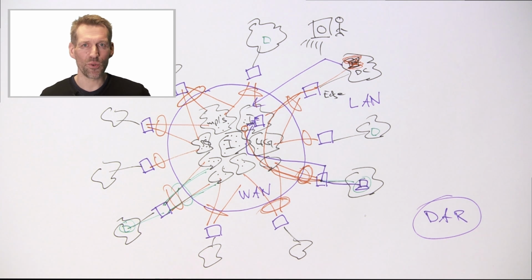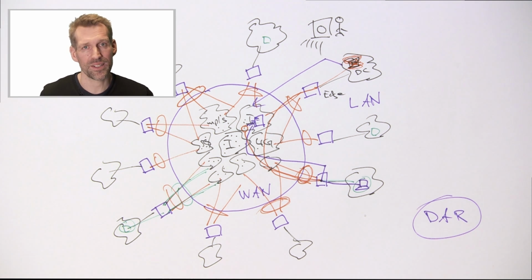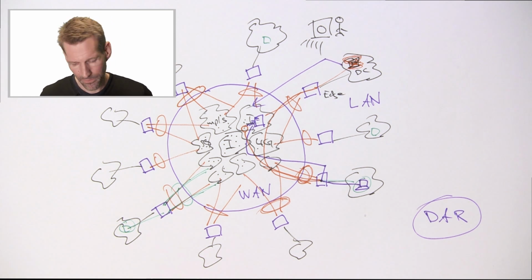That means that you use all the good things with the SD-WAN, you break out as close to the destination as possible per identified application, and thereby you avoid hairpinning, and you still get the firewalling, but it's performed by the distributed firewall.